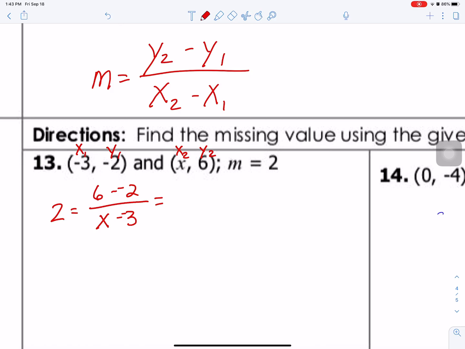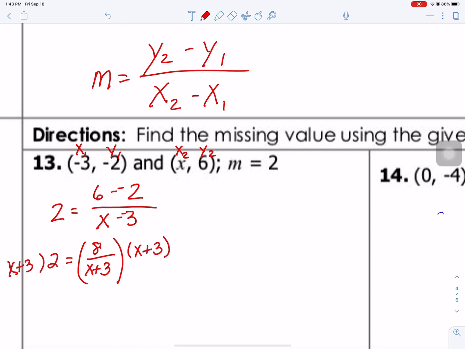I'm going to simplify these down. So I have a 2 equals 8 on the top and X plus 3 on the bottom. So to be able to solve, I want to get rid of the fraction. To get rid of the fraction, I multiply by whatever's in the denominator. So in this case, I'm going to multiply by X plus 3. If I do it on one side, I have to do it on the other.